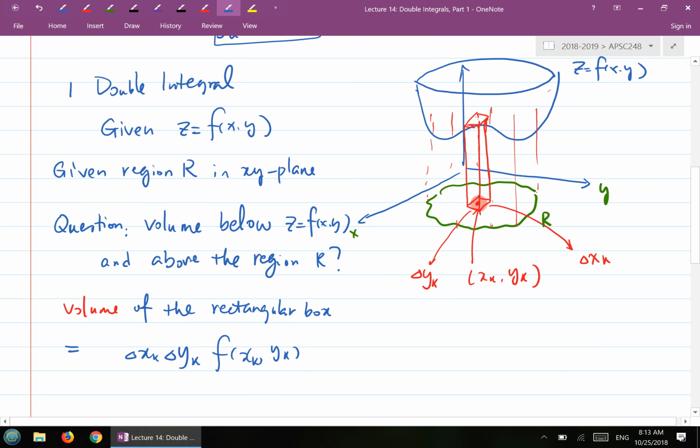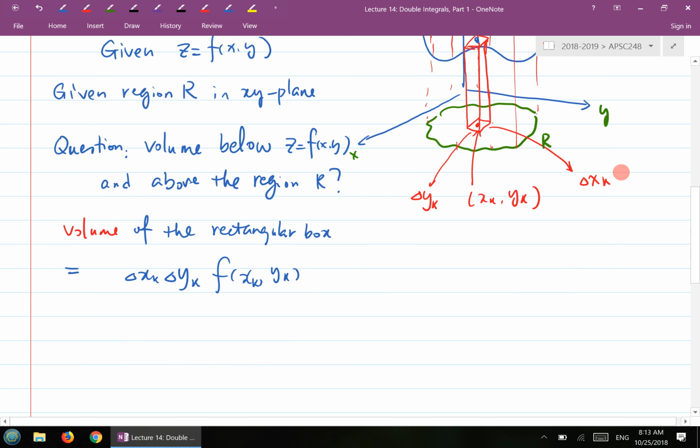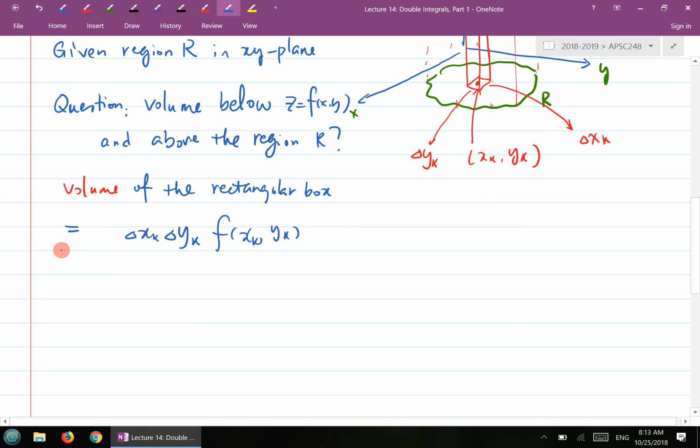If you go from this point upwards until the surface, the corresponding point on the surface is f of x k, y k. That's the small volume of the rectangular box. If I do the same thing for many other rectangular boxes, I will get approximately the total volume. That gives me a summation sign. Let's say I have n of them.